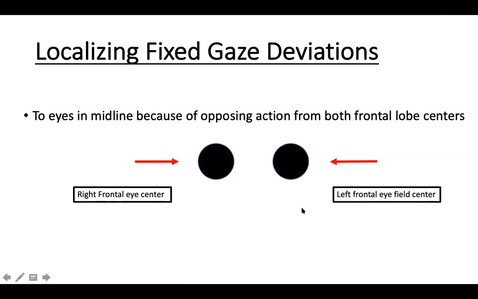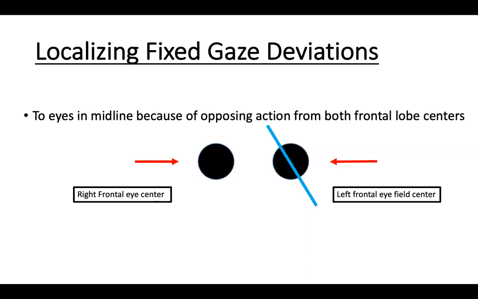Just imagine if this side is lost. For example, there is a brain damage or a stroke or a left-sided MCA infarct. Your right frontal eye field becomes very active and pushes your eyes tonically towards the left side. So there will be a tonic gaze deviation to the left side. I hope that's clear.